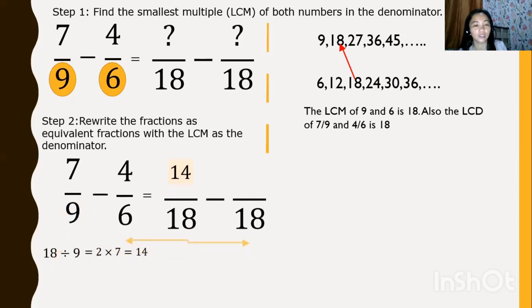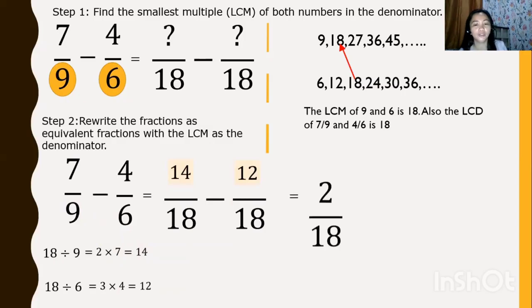The second numerator is 18 divided by 6 is 3, times 4 is 12. Now just simply subtract the numerators. We have 2 over 18. But remember, we always express our answer in lowest terms. Since 2 and 18 can both be divided by 2, the answer is 1/9.